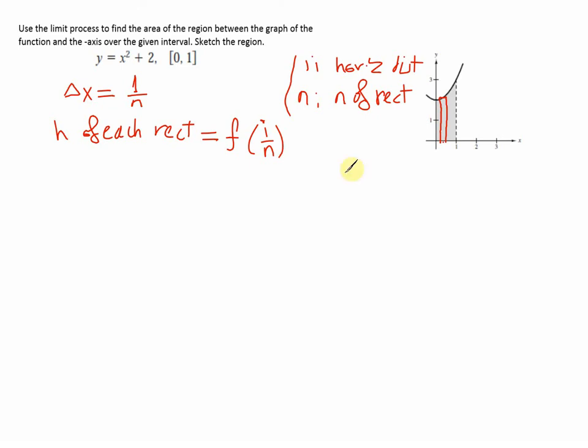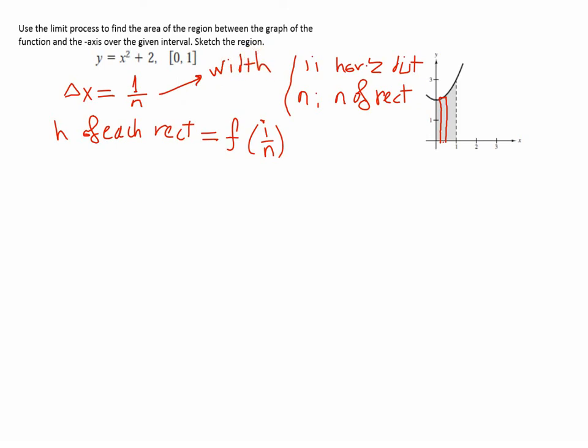Do you remember what is the area of the rectangle? The area of each rectangle is its width times its height. This is the width and this is the height.